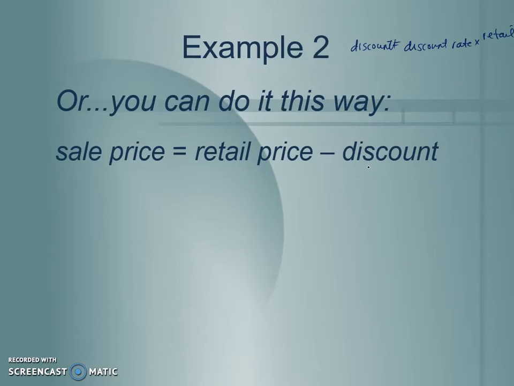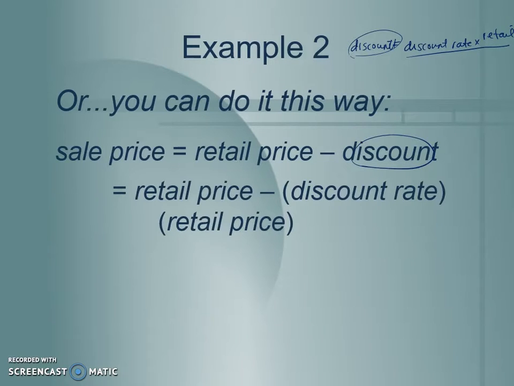So when we see this word discount here, we can substitute in discount rate times retail price. So we can say that the sale price equals the retail price minus the discount rate times the retail price. So all we've done is taken what we know the discount is and substituted in the equation for the discount.